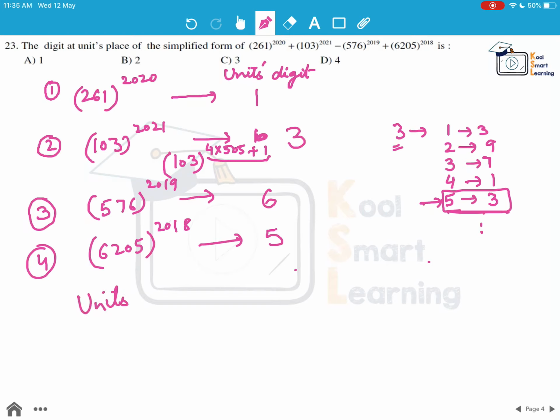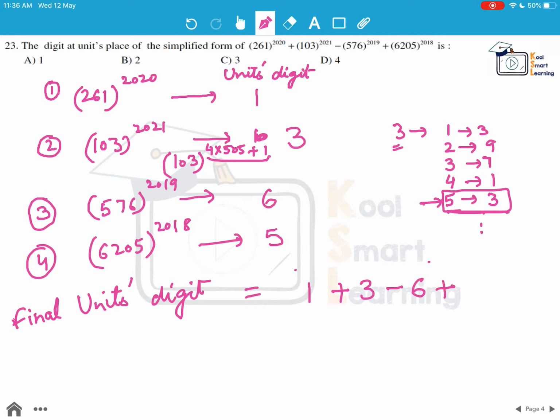So we have to find the final units digit after performing this operation. So what we'll do is we'll perform this operation only on the units digit of these. So we have for 261 the units digit is 1. Then for 103 raised to power 2021 we have the units digit as 3. For 576 raised to power 2019 we have the units digit as 6.